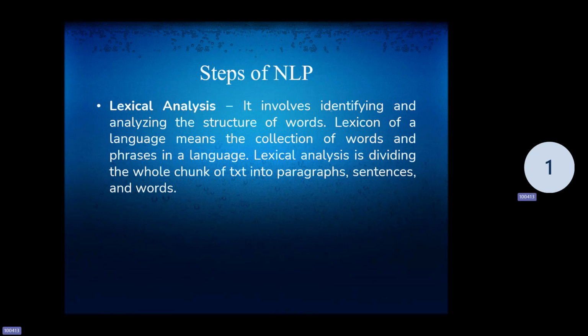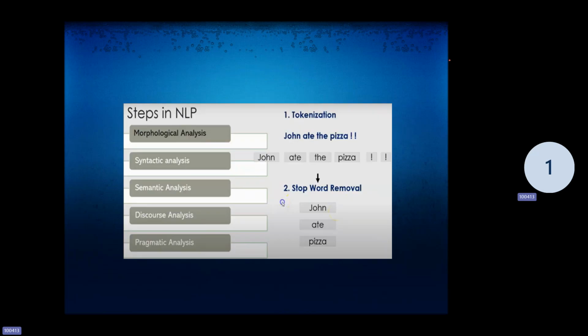It involves identifying and analyzing the structure of words. The lexicon of a language means the collection of words and phrases in the language. Lexical analysis divides a chunk of text into paragraphs, sentences, and then words. So, for example, John ate the pizza.